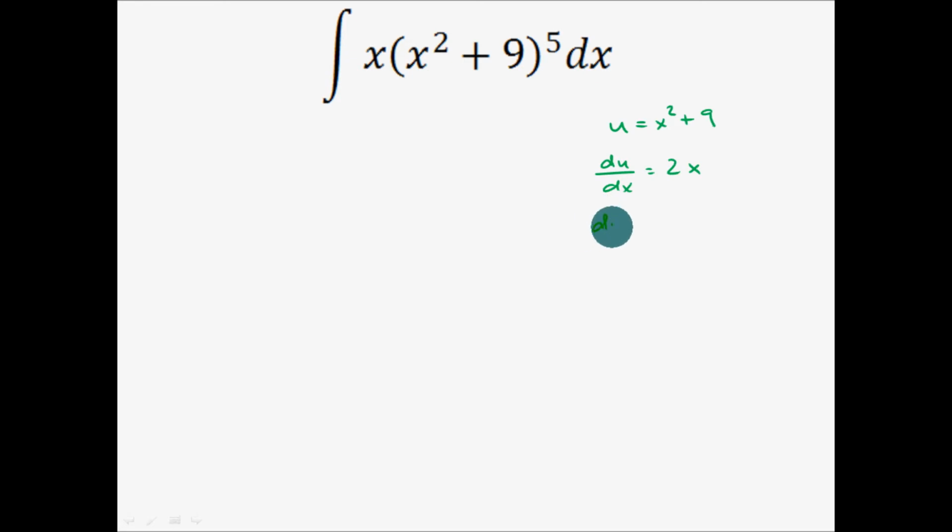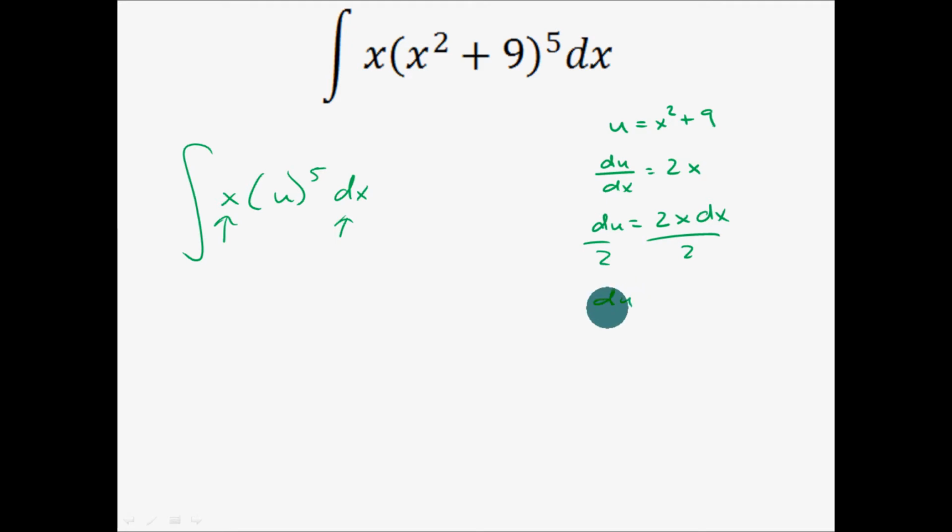Okay, so du equals 2x dx. Okay, so now my integral is going to look like this: x times u to the 5th dx. All right, and so x dx is the stuff I want to get rid of, x dx. So I got to make x dx here, so I'm going to divide both sides by 2. So du over 2 equals x dx.